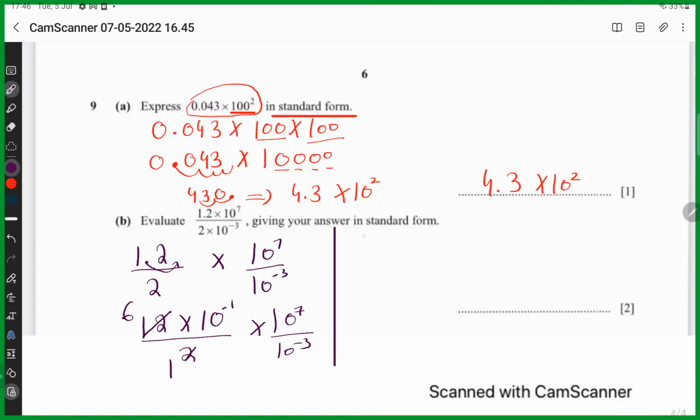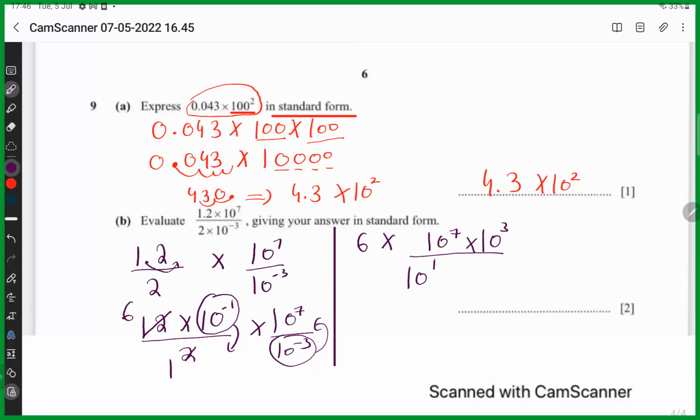So this is 6 and 6 is being multiplied by 10 power 7. I can just take this 10 power minus 1 to the denominator because I want the power of 10 to be positive. So I can write it as 10 power 1 and I can take this to the numerator because the power is negative and I can write it as 10 power 3.